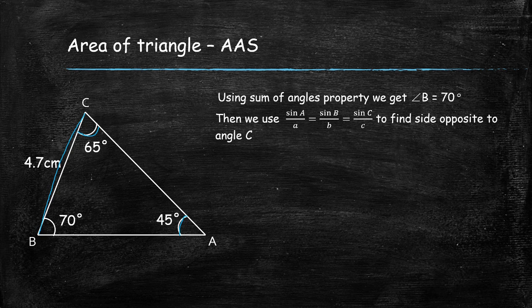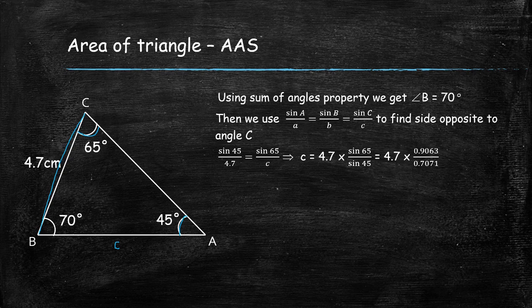Then we use the law of sines to find the opposite side to angle C. Angle C is 65 degrees, and the opposite side to angle C is c. We are going to find this c. For that, we use the law of sines: sine of angle A, which is 45, upon 4.7, which is side a, is equal to sine of angle C, which is 65 degrees, upon side c.